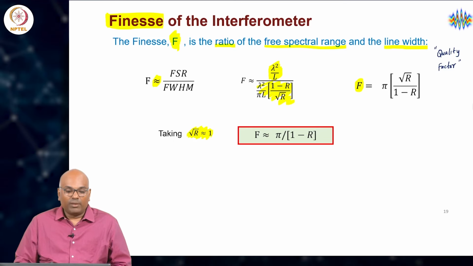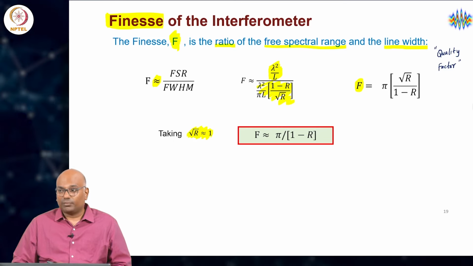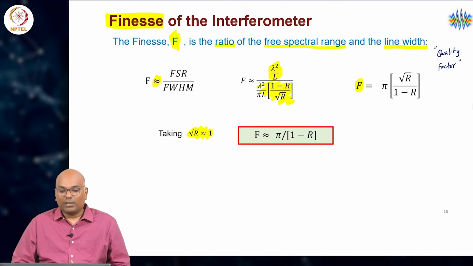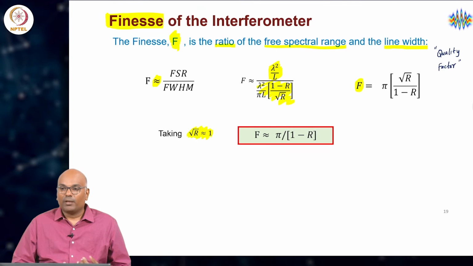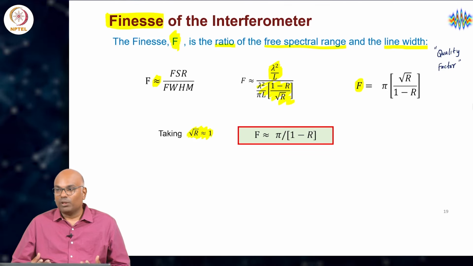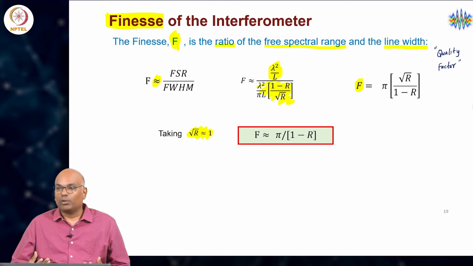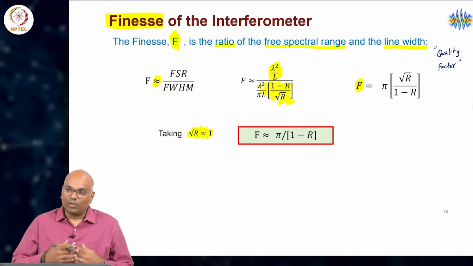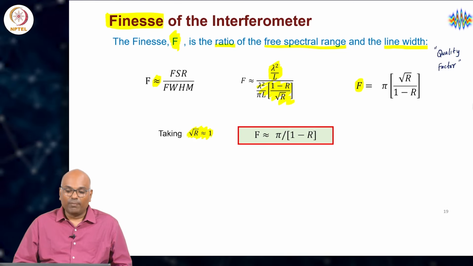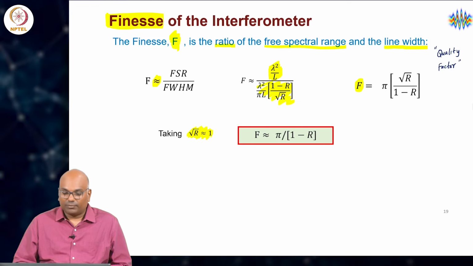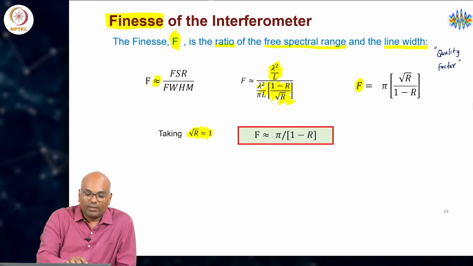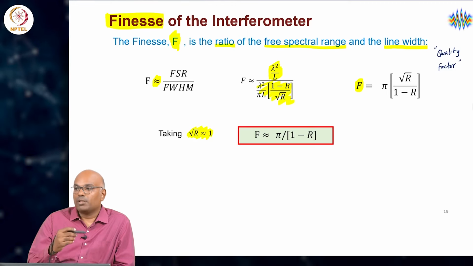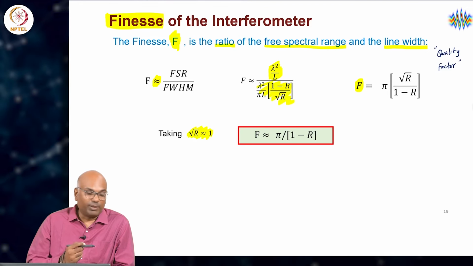Indeed, FSR by FWHM is a good measure of the quality of a resonator. But think about a hypothetical scenario where we build 2 resonators, one of which is more mechanically stable or optically stable than the other. What do we mean by optical stability? I will have a little bit to say about it. The point is that the finesse not only depends upon the reflectance of the end mirrors, it also depends upon other factors when it is being put to use.